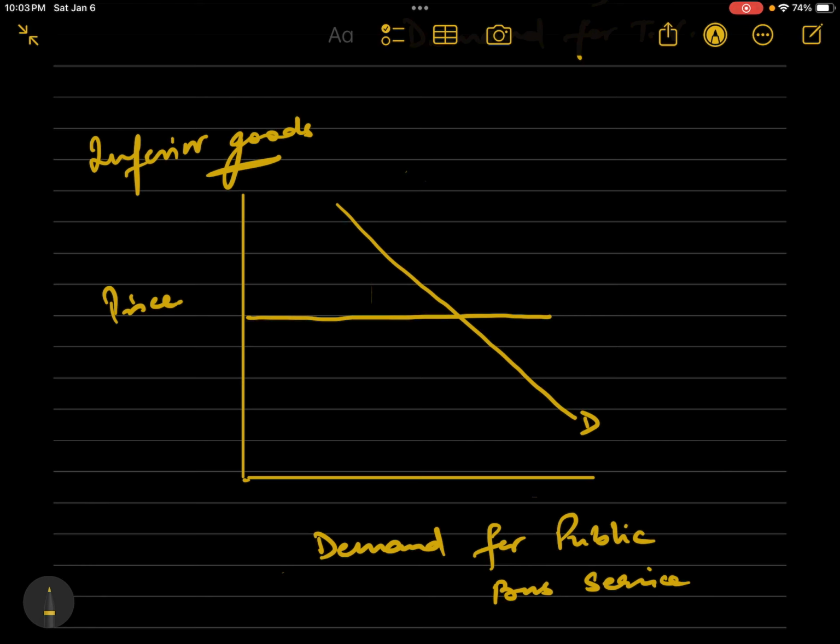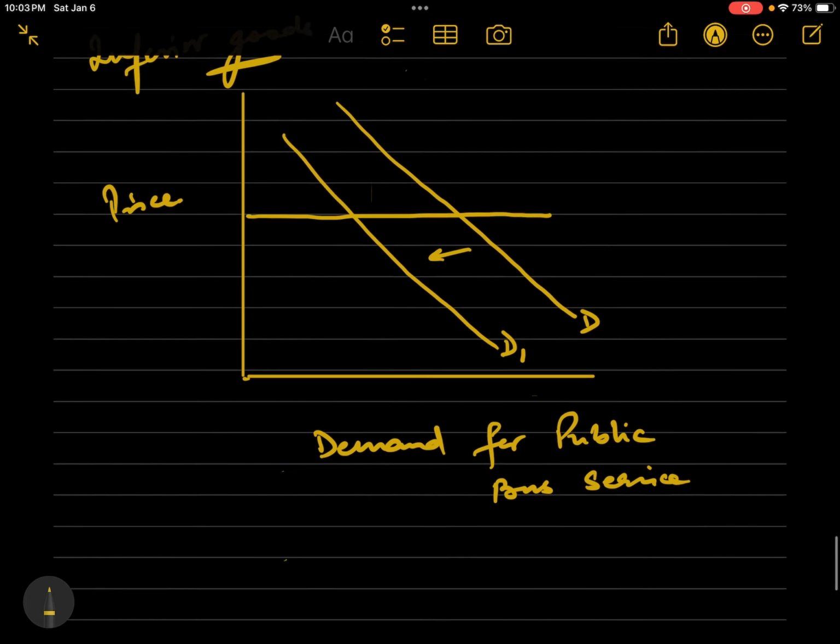So in that case, the demand curve of this public bus service would shift to the left. So there will be a decrease in demand. This effect on demand curve of this inferior good is due to increase in income of the consumer.